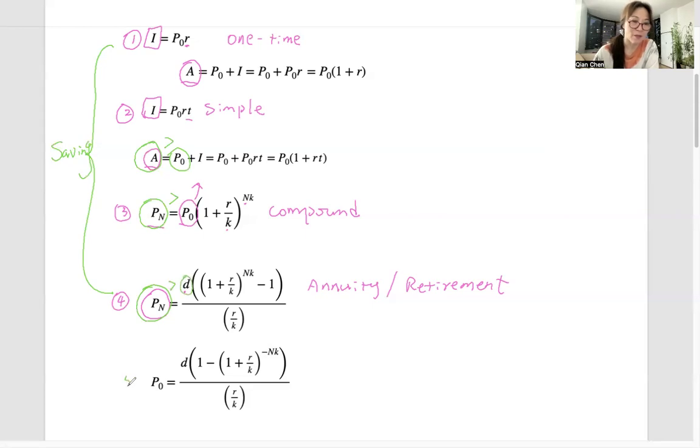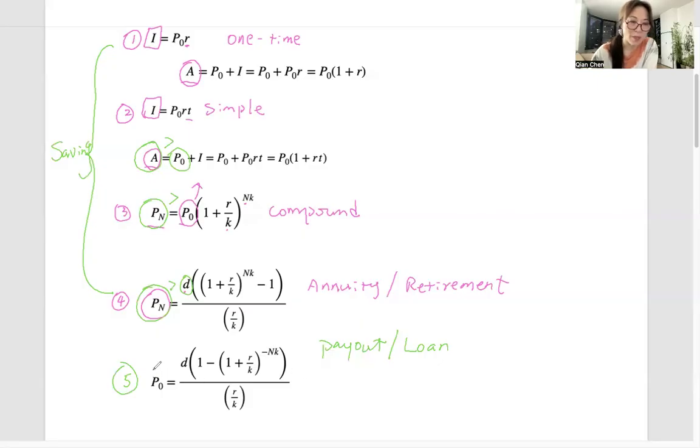So 5 is different from all the previous 4. 5 could be your payout annuity. So when you become old, you have saved up money in your retirement fund, and now you're starting to take out the money. It's called payout, or it's used for loans, for car loans, student loans, or mortgages, right?